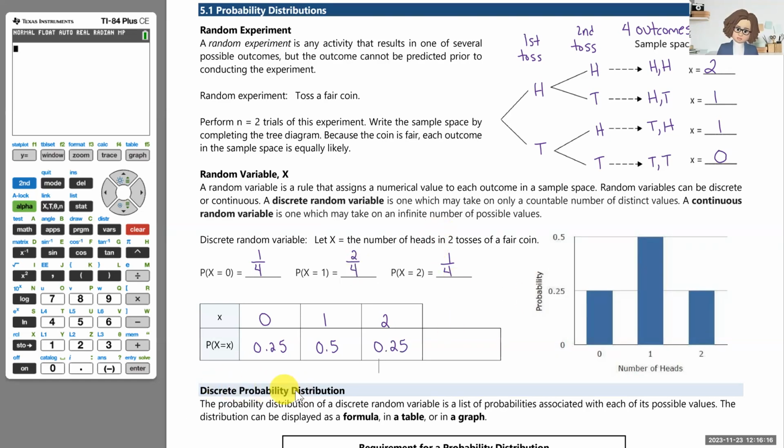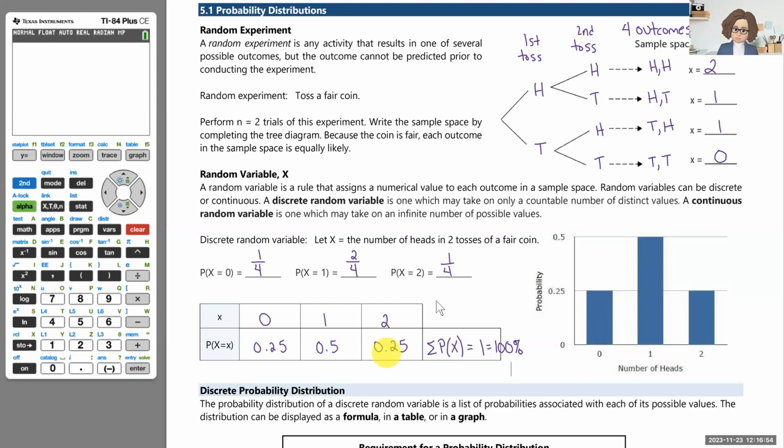To be a probability distribution, we have to list everything X could be, along with the probability of each of those possible values. When I add those probabilities together, with my capital sigma, and I'm just going to say P of x to make our notation a little simpler, if I add those probabilities together, I have to get 1, or 100% chance.